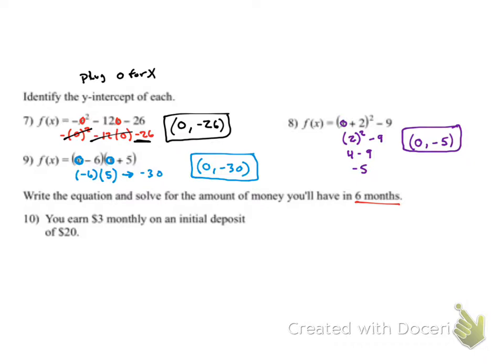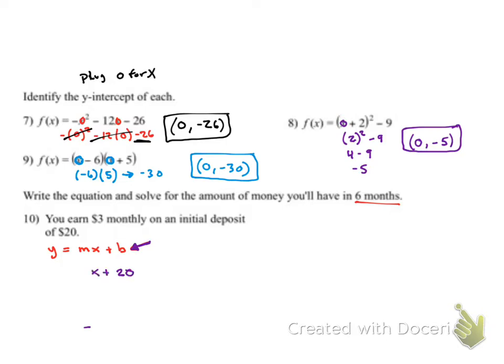We don't know how many months on an initial deposit of $20. So if we look at our formula here, y equals mx plus b. Right? So initial deposit, or the starting amount, the y-intercept, right? That's going to go for b. Right? That's our starting amount. Is going to be $20.